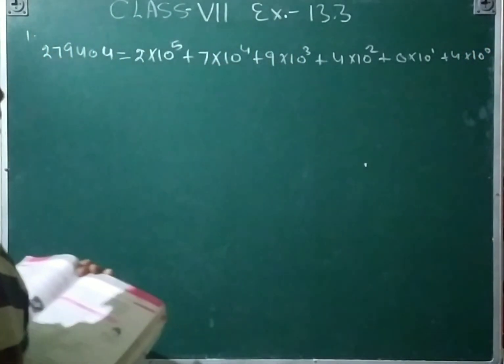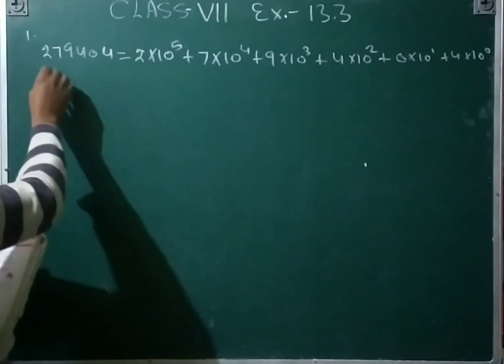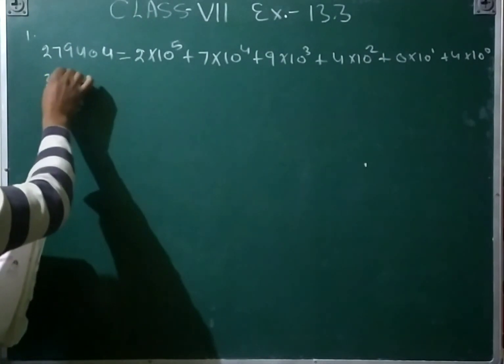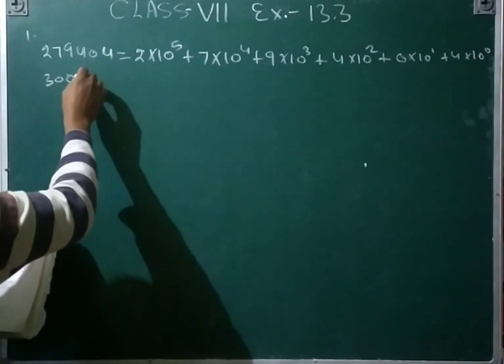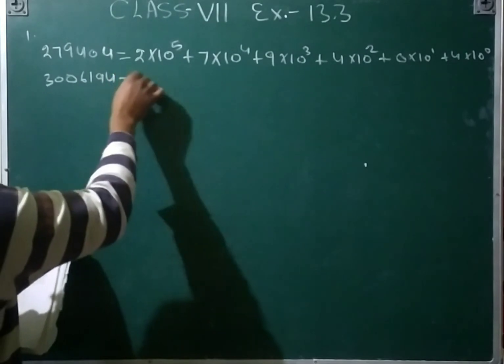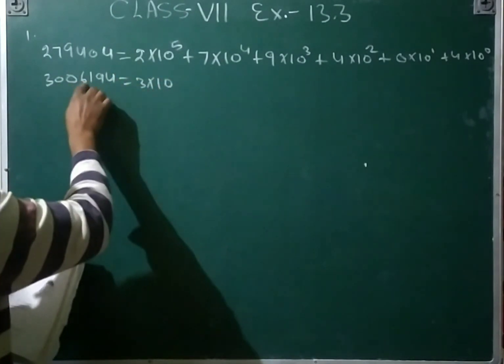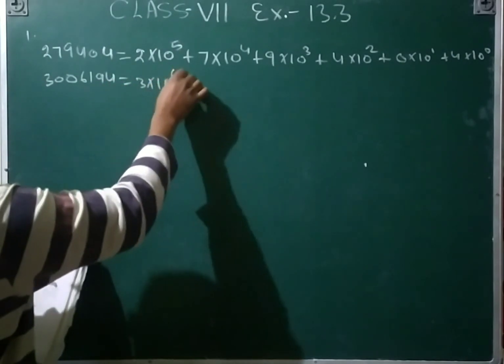Like this is the expanded form. And then similarly the second part, 300619, so that is 3 into 10 power, 1, 2, 3, 4, 5, that is 5.